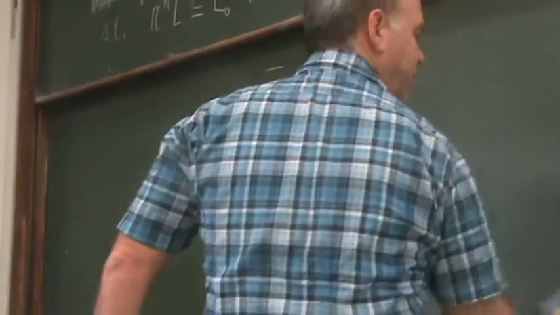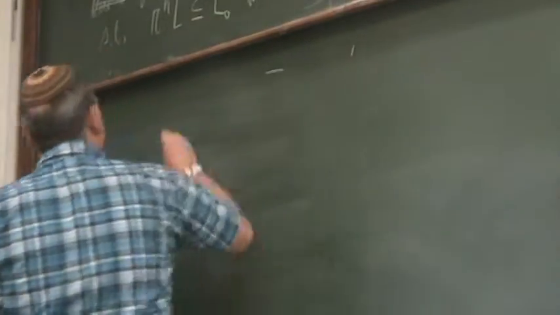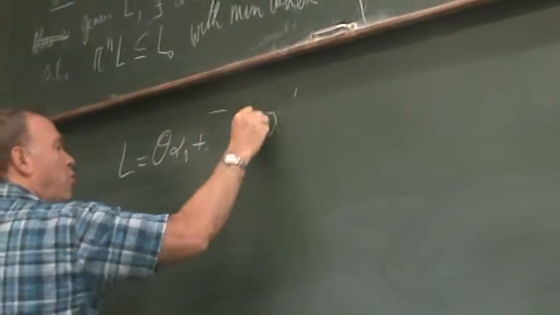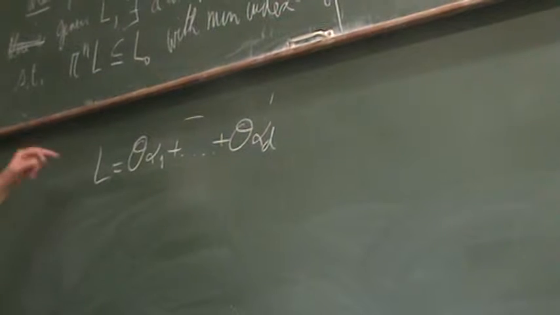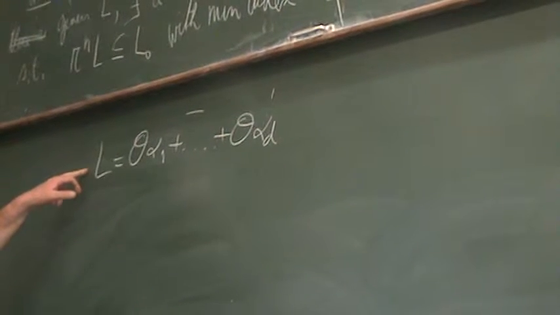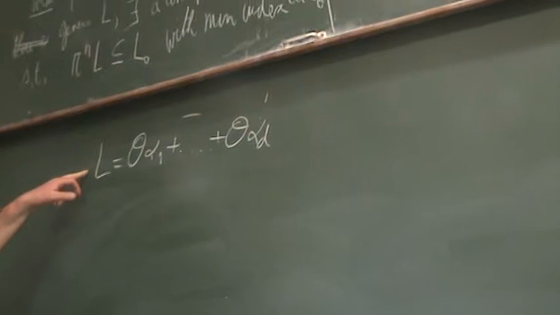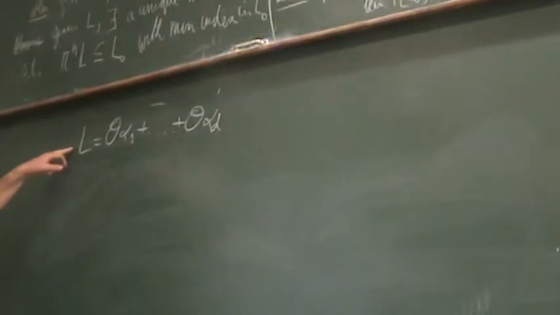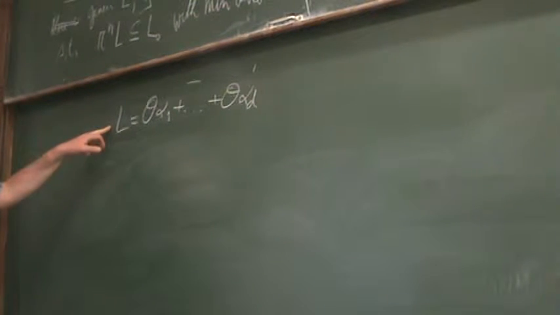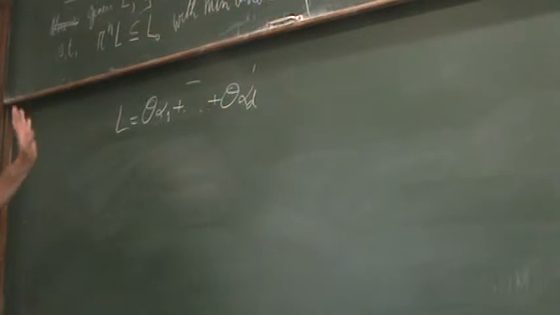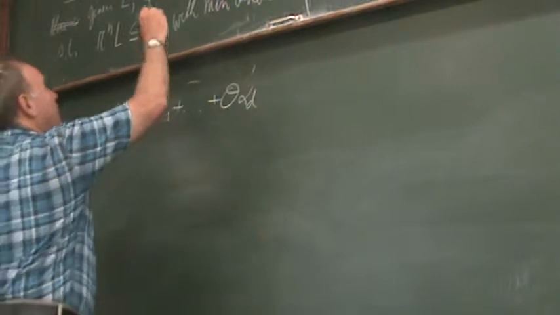This is clear because, if L is O alpha 1 plus ... plus O alpha d, I can multiply L by some power of pi. Actually, I don't even need the minimal in the first definition. Let's say there is. So let me start.